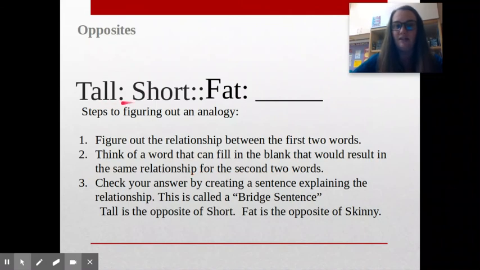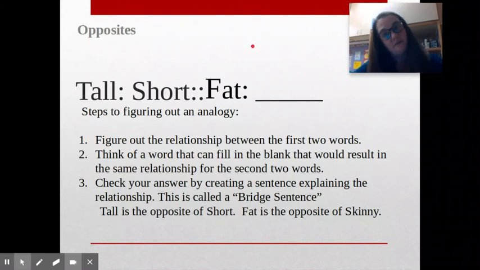So if you can decide that the first two words are opposite, then the second two words also have to be opposite. Okay? Then it says, check your answer by creating a sentence explaining the relationship. This is called a bridge sentence. So in this case, you could say, tall is the opposite of short, fat is the opposite of, and you would then fill in skinny.